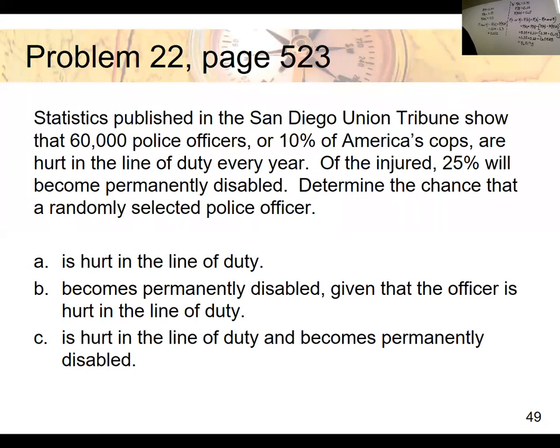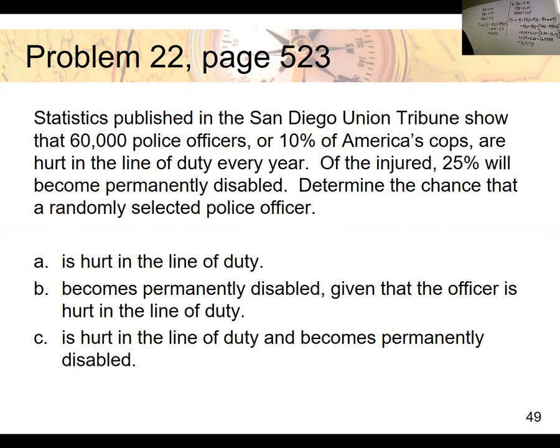Okay, now let's take a look at problem number 22. And it says here, statistics published in the San Diego Union Tribune show that 60,000 police officers, or 10% of America's cops, are hurt in the line of duty every year. Of the injured, 25% will become permanently disabled.